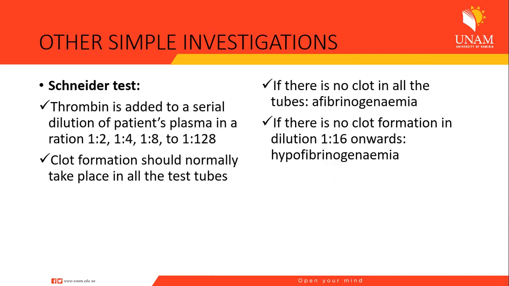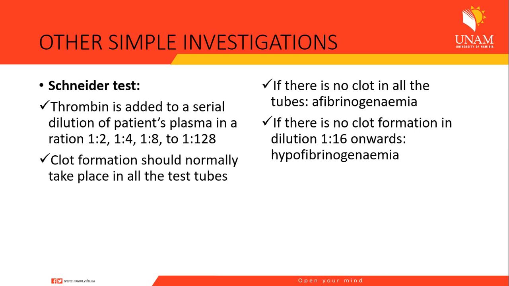The Snyder test: thrombin is added to a serial dilution of the patient's plasma. You keep increasing it, 1 to 2, 1 to 4, 1 to 8. You can get as high as 1 to 128. Clot formation should normally take place in all the test tubes. Now, if there is no clot in all the tubes, it is a case of no fibrinogen in the serum.